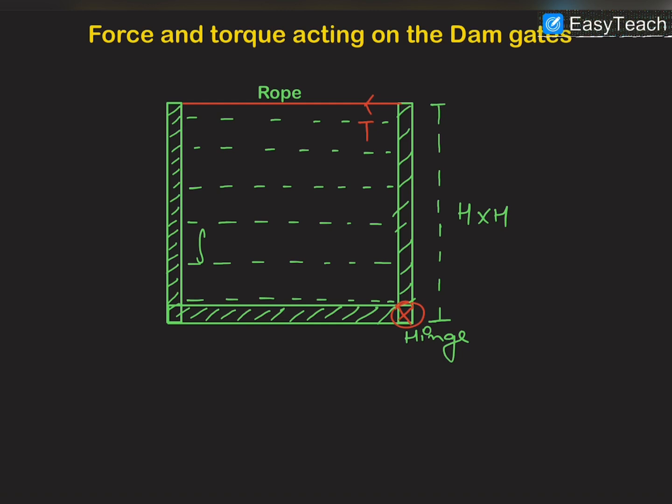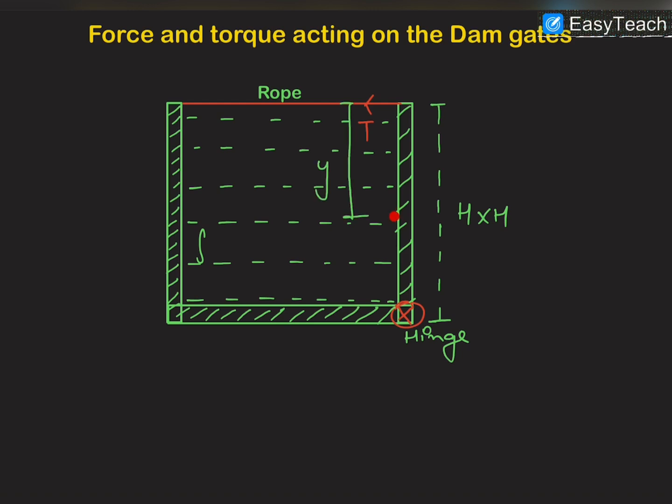First of all, let us see what the total force acting on this gate is. You know that as we move in the downward direction, pressure increases. Therefore, we have to integrate the elemental force to find the total force. When writing the pressure at this point, let us suppose the depth of this point is y.